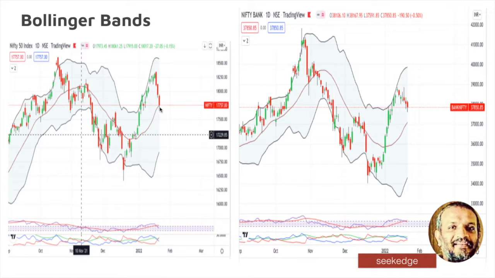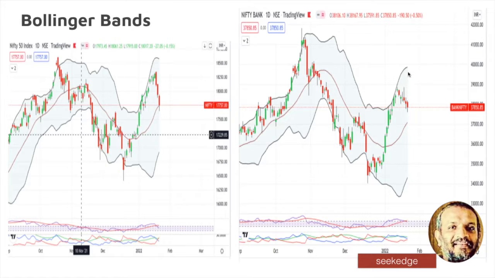Still can't say it's bearish from the bands, because it has not fallen off. If tomorrow the candle comes down below this moving average, then we can say that. Until then we can't. Similarly, BANKNIFTY is still above the moving average, or the median of the bands.